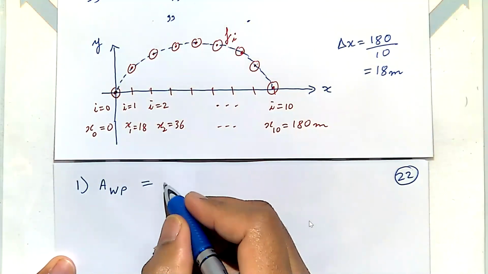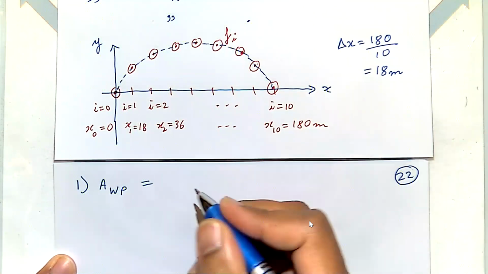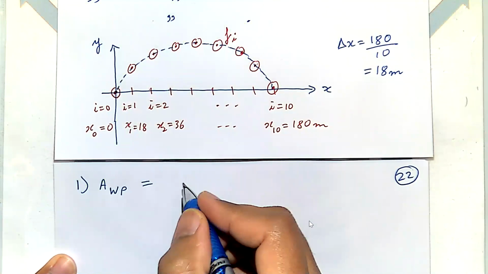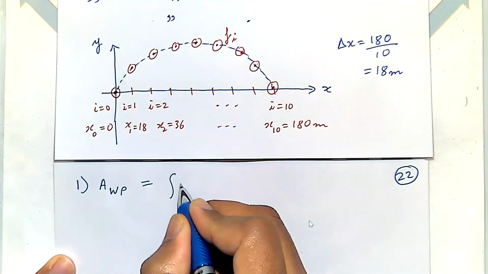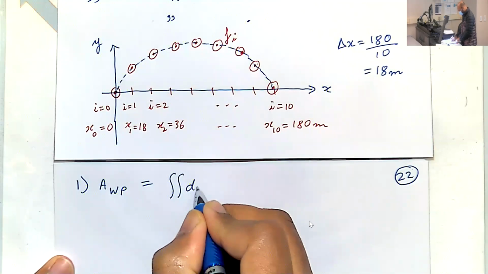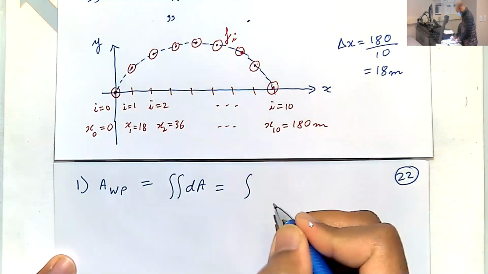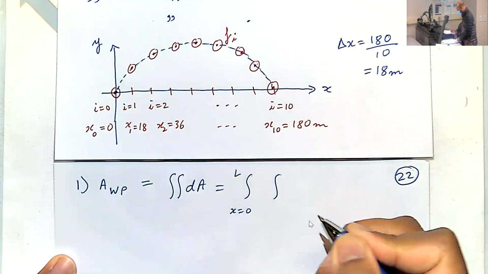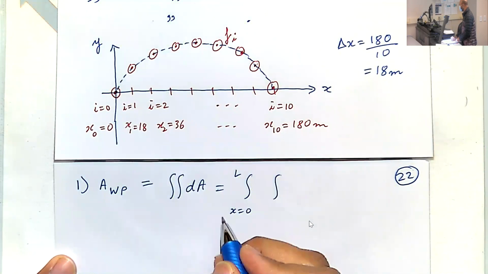What do we write? It's the integral of f of x dx. All right, so let's start with even before that, double integral of dA, right? And you'll see why I'm doing that. So x goes from 0 to L. What does y go from? Does it go from 0 to f of x?